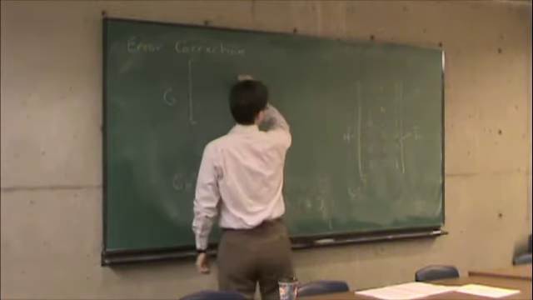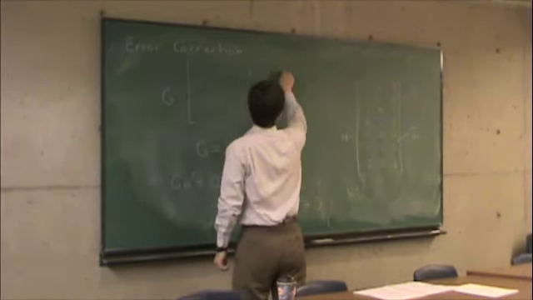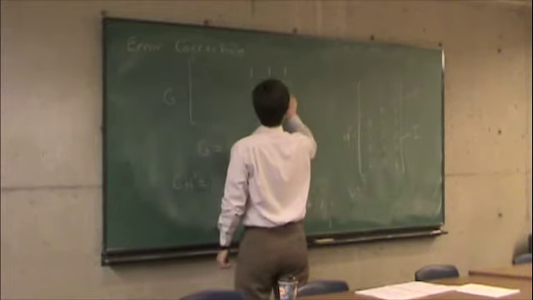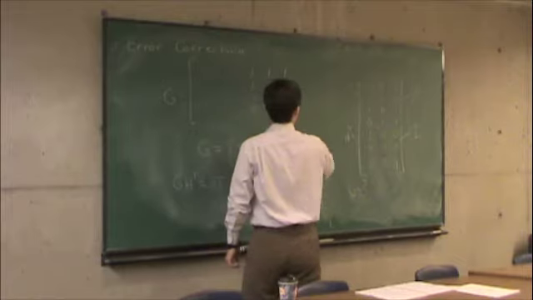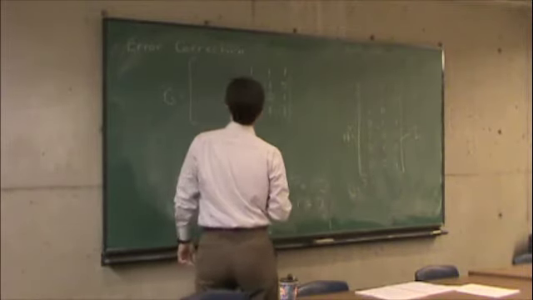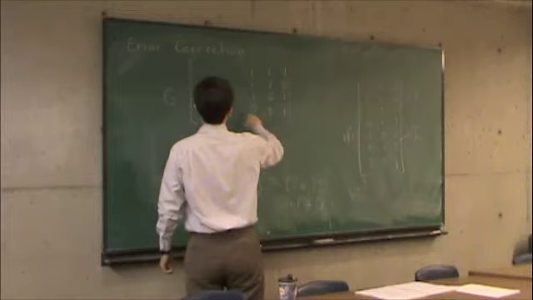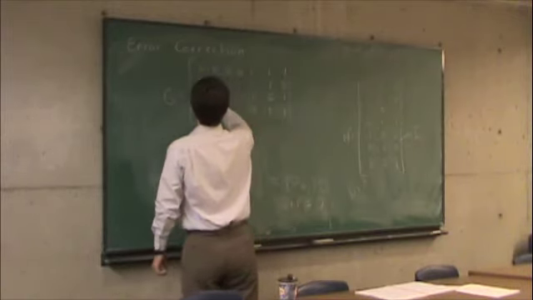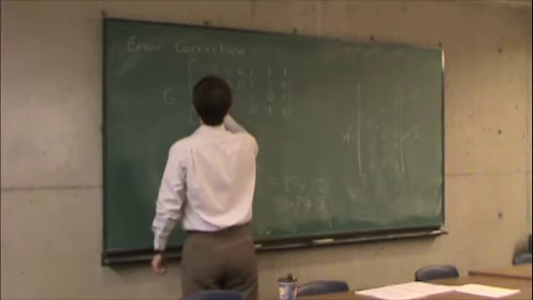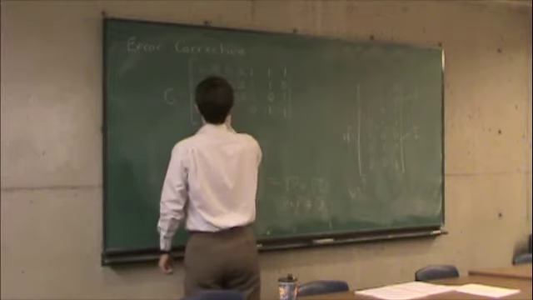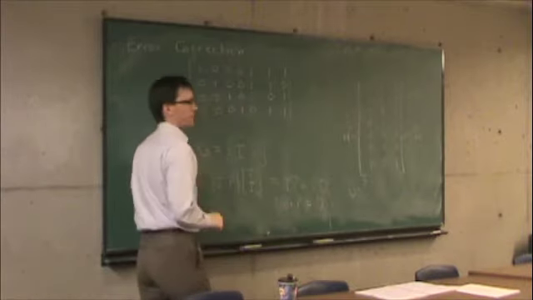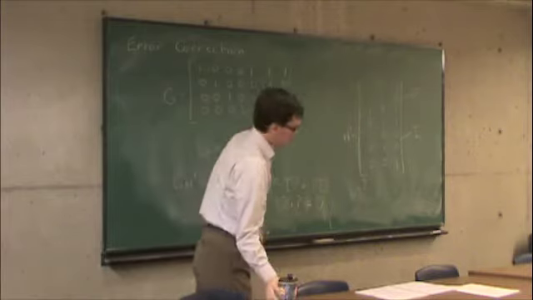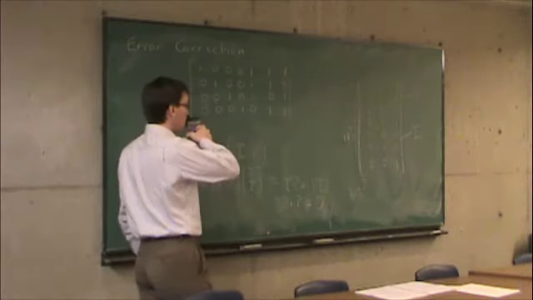So let's draw that in. Now I have 4 rows, so this is going to be the 4 by 4 identity submatrix. There you have it. This should, in principle, be a single error correcting code.